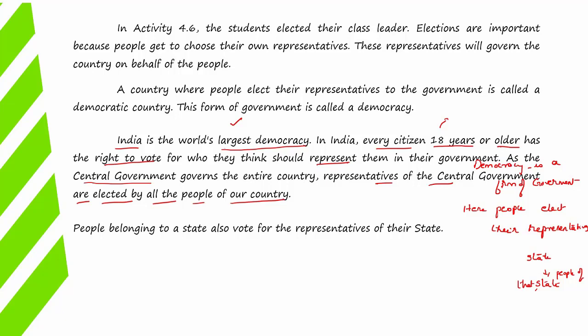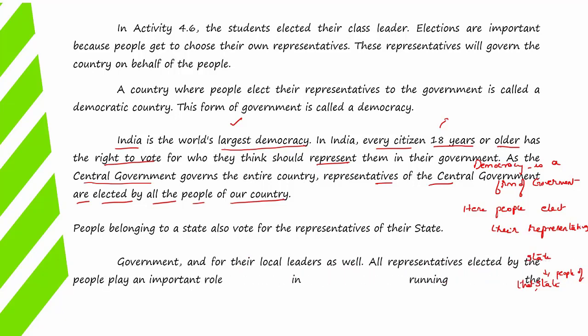Who will select the central representatives? All the people of the country. Who will select the state representatives? All the people belonging to the state. Who will select the local leaders? The village people will elect the Sarpanch.